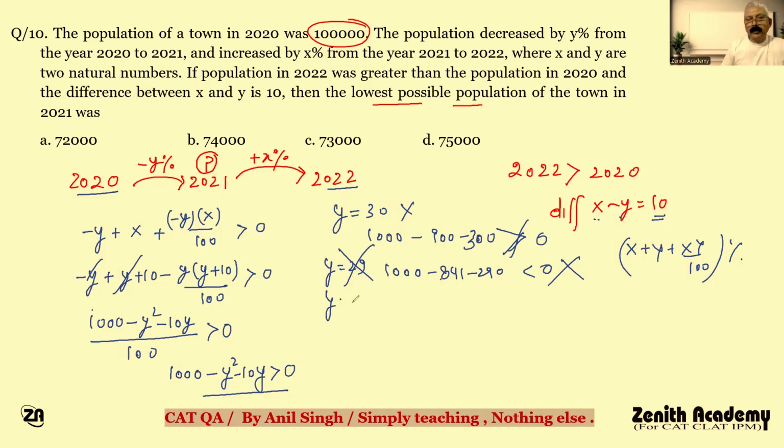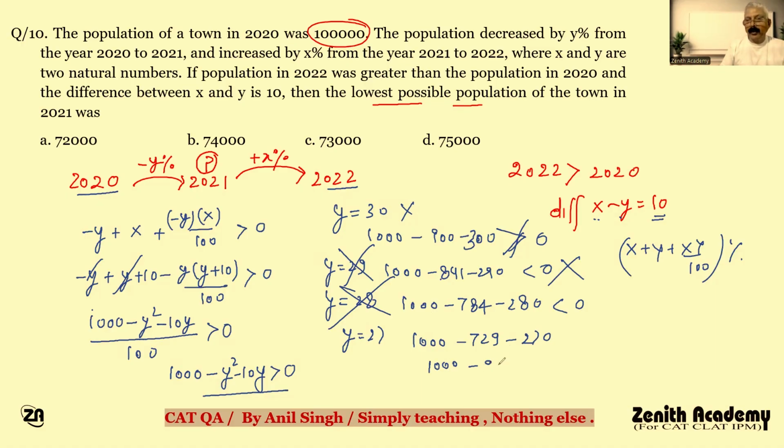If I take Y equal to 28, then 1000 minus 784 minus 280, and this is also greater than 1000. So the inequality is not satisfied. Now if we take Y equal to 27, then 1000 minus 729 minus 270, which is 1000 minus 999.